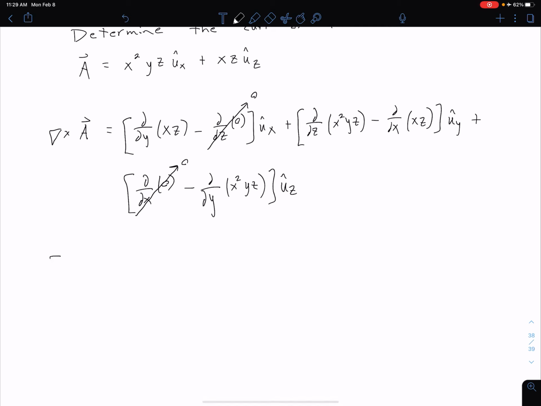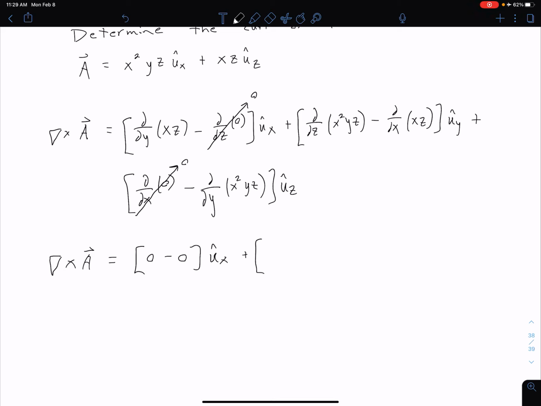So evaluating further from there, we have curl of A is equal to, for that first term, the partial of xz with respect to y is 0 as well. So for that first one, we have 0 minus 0, so we're going to have nothing in our x direction.